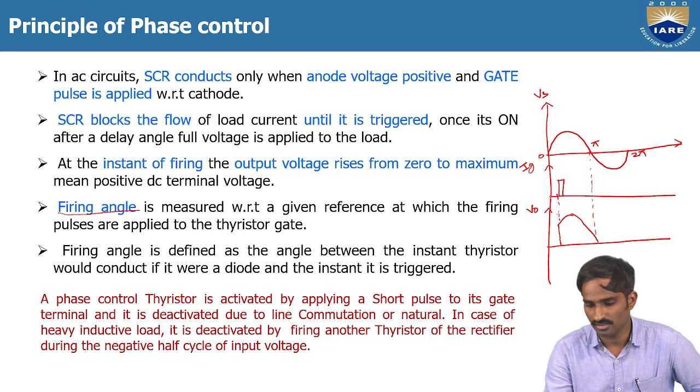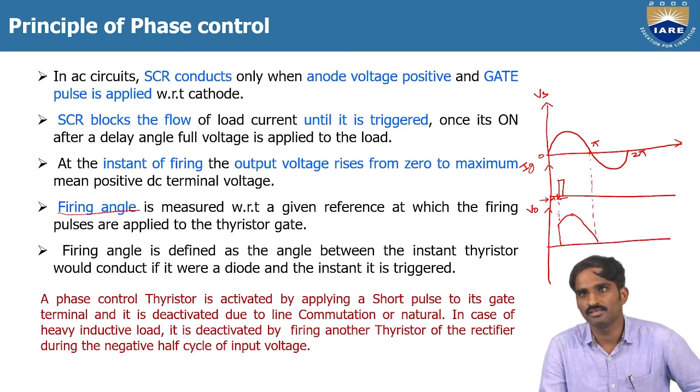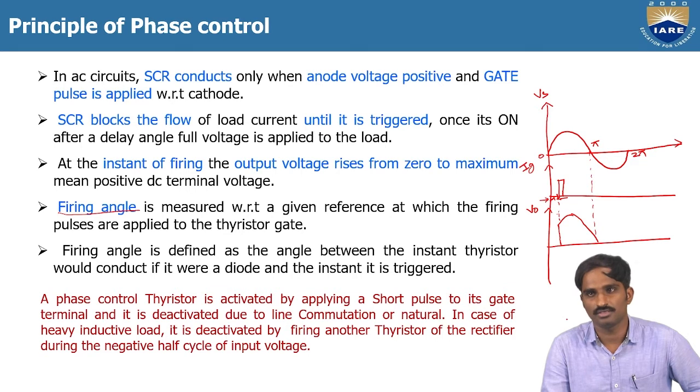This here is called the firing angle. So the delay, how much delay we take to give the firing pulse or to trigger the gate signal, is called the firing angle. So after an instant of alpha, I have given the firing pulse to turn on the thyristor. This period is called the firing angle.